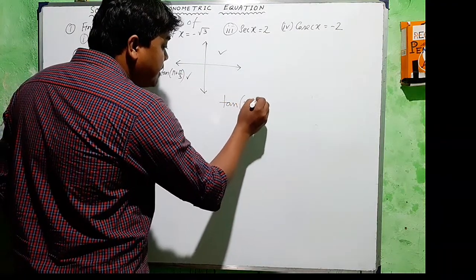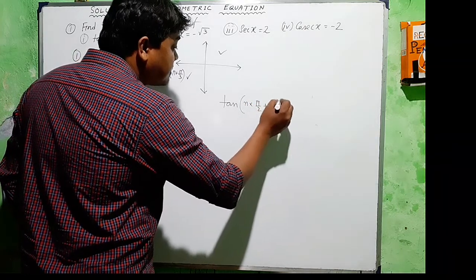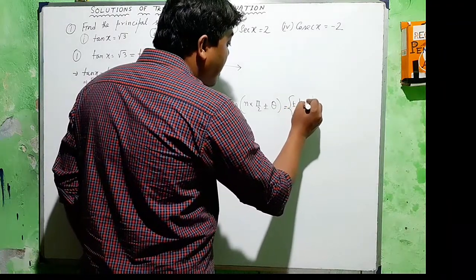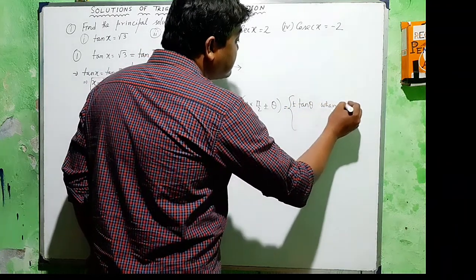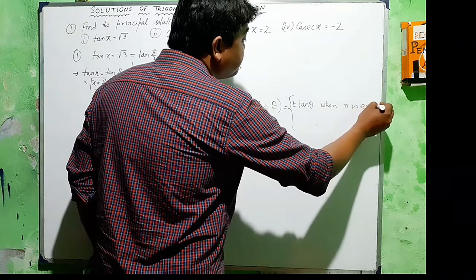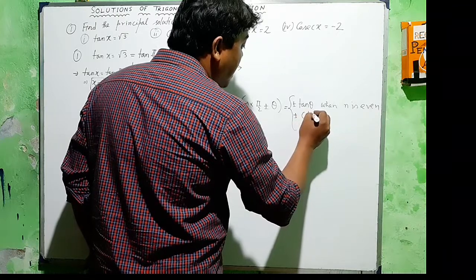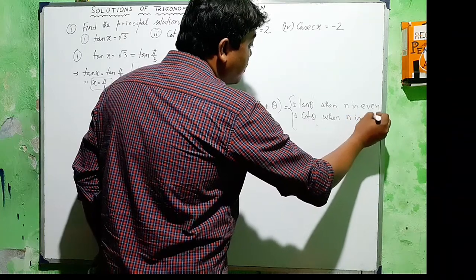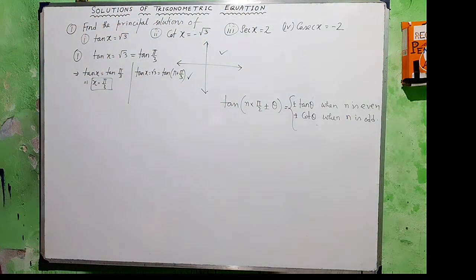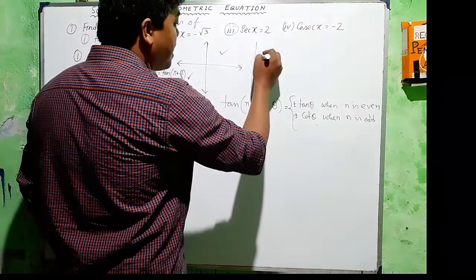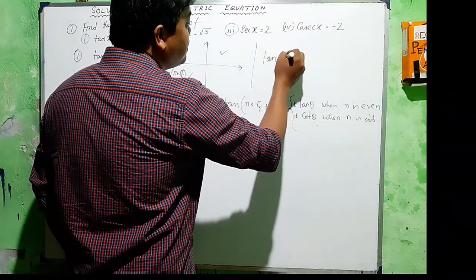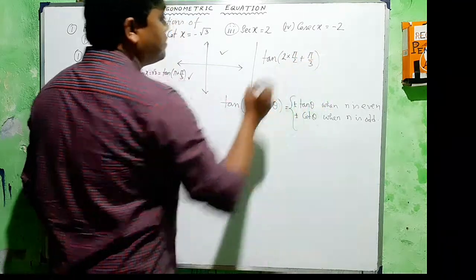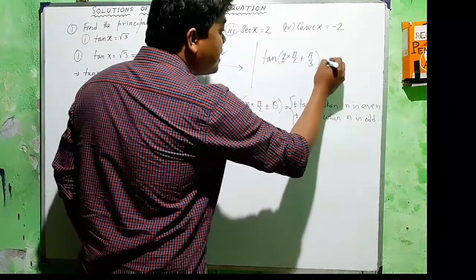We know that tan of n into pi by 2 plus or minus theta equals plus or minus tan theta when n is even, and plus or minus cot theta when n is odd. Here n is even, so we get tan pi by 3.